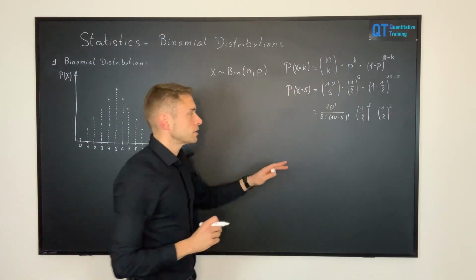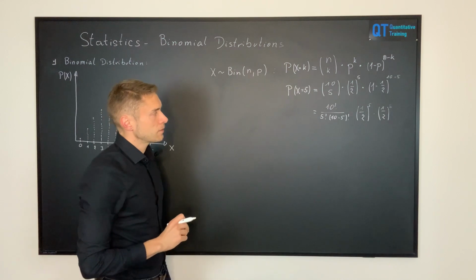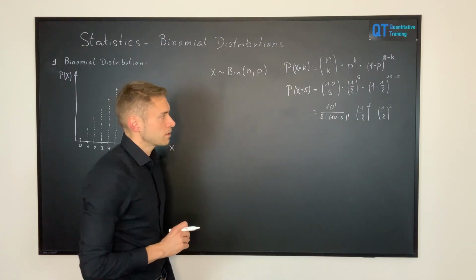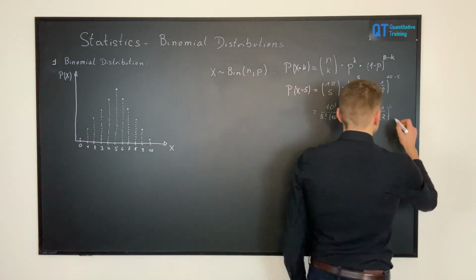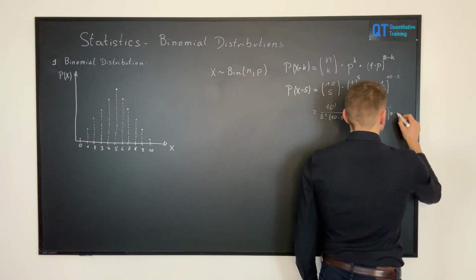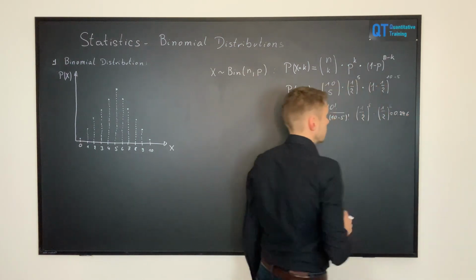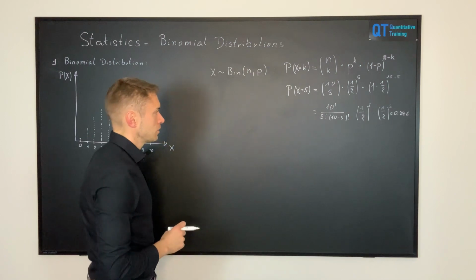And if you work out this result, which is not very difficult, you would obtain something like, what was it again, approximately 0.246.